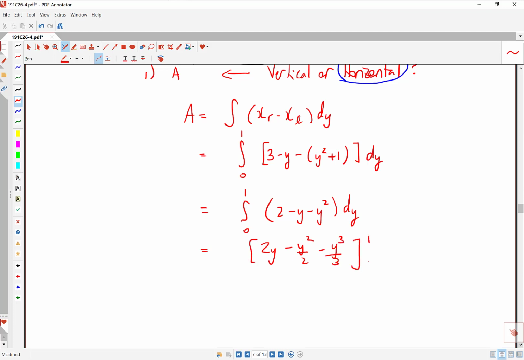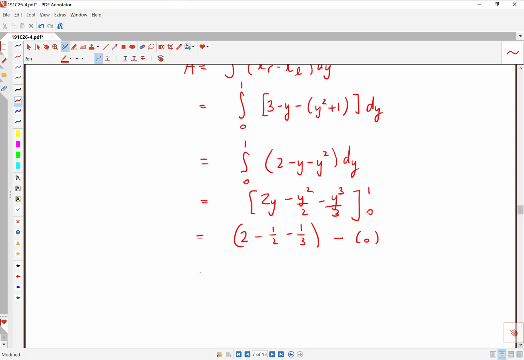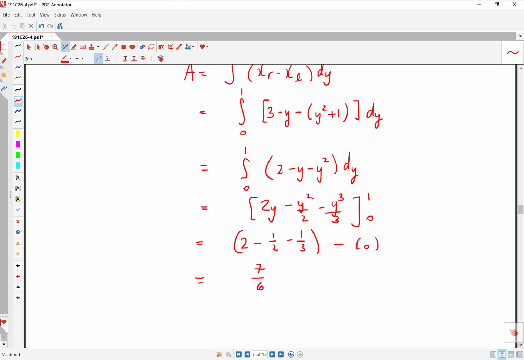And we're going to evaluate at 1 and then at 0. So plugging in 1, we get 2 minus 1/2 minus 1/3. And then subtracting off the value at 0, which is 0. All right, so then we could put everything over 6, and that would give us 7 over 6 for the area.